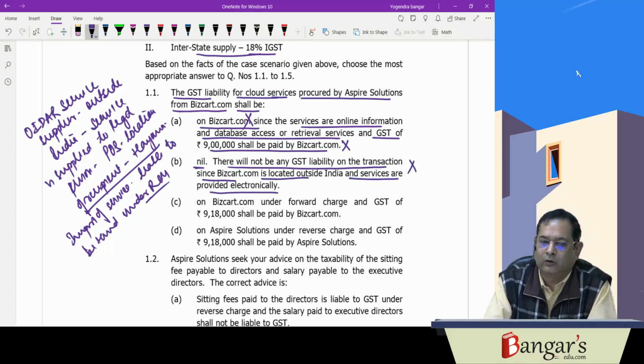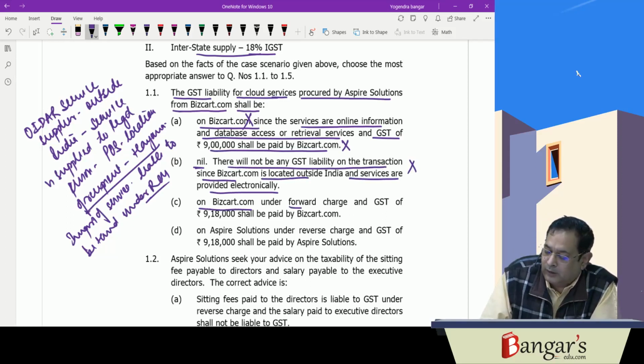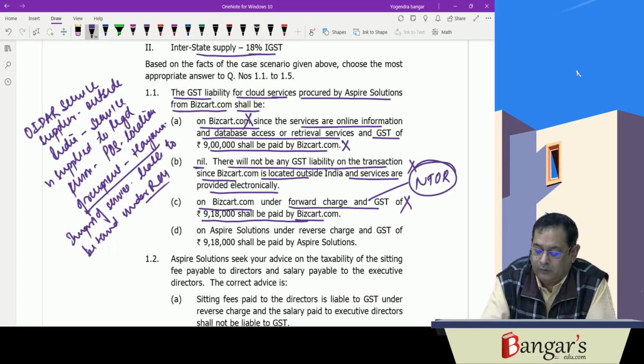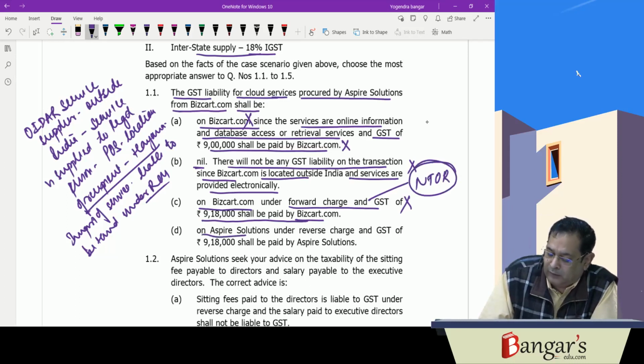That is also wrong because the place of supply here is in India. On bizcard.com under forward charge and GST of 9,18,000 shall be paid by bizcard.com. Well, no, it will be under forward charge only when the same has been provided to a non-taxable online recipient, otherwise not. And it will be on Aspire Solutions under reverse charge, and GST of 9,18,000 shall be paid.